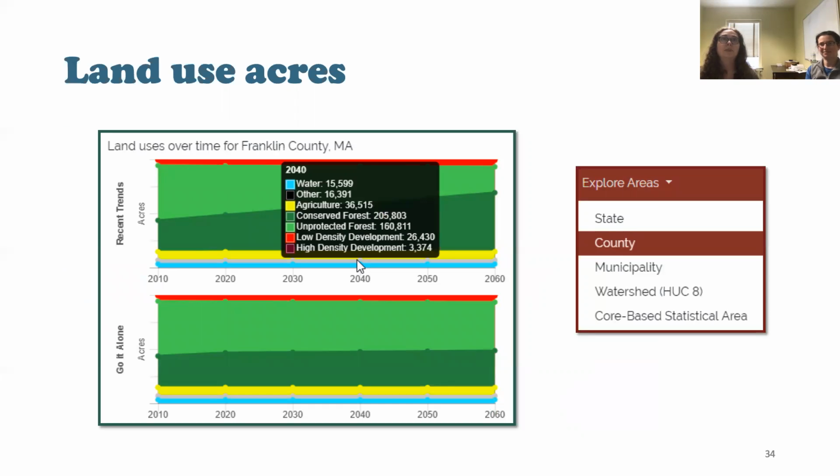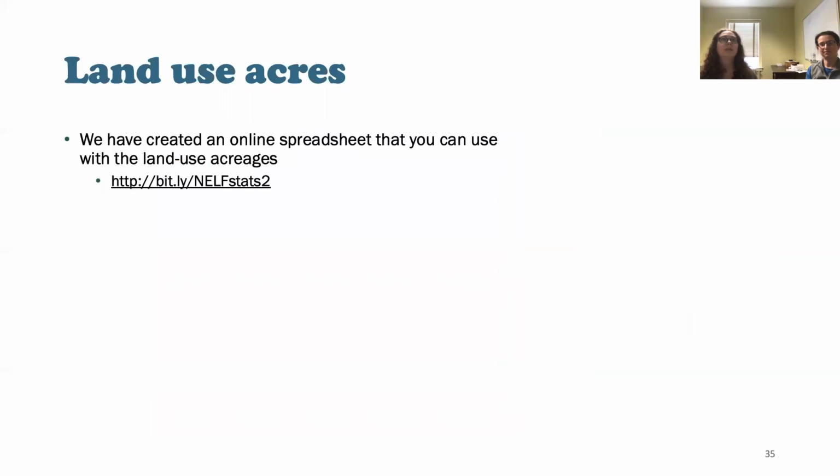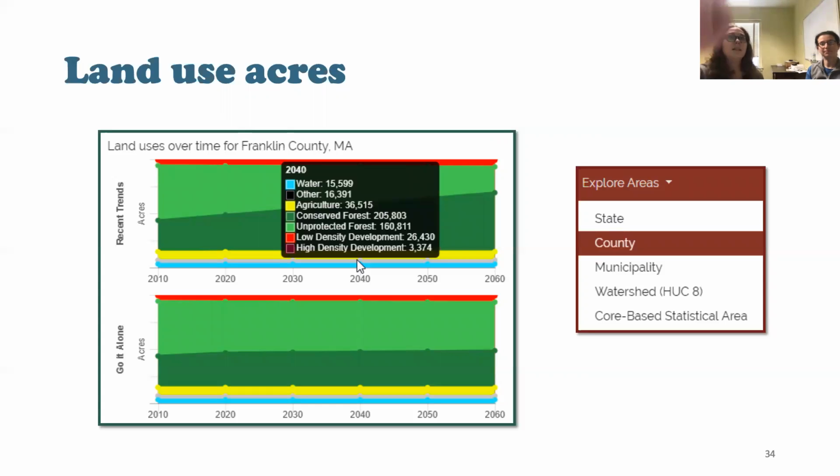You can also view acres of land use in each scenario within areas such as states, counties, municipalities, watersheds, or core-based statistical areas, which are the unit that the modeling was done in. We have a spreadsheet that you can use with these acres that you see here.